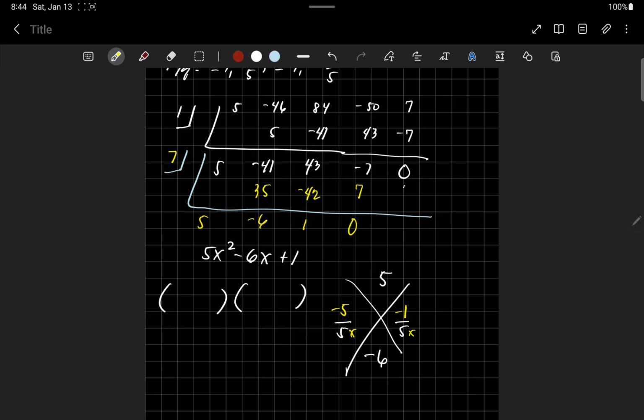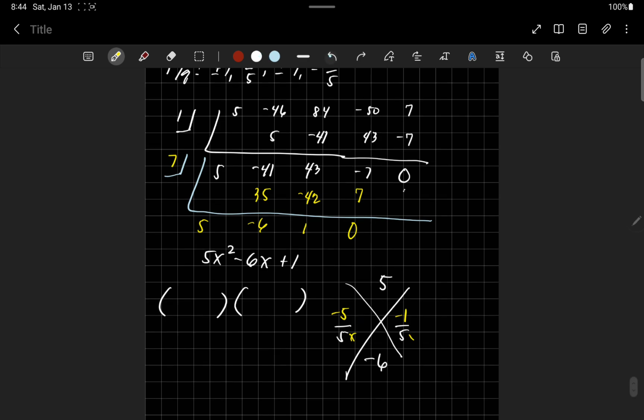Then, write x in the denominator. Let's simplify first: negative 5 over 5 is negative 1 over 1. Then, x in the denominator. So, our factored form is x minus 1, then 5x minus 1.